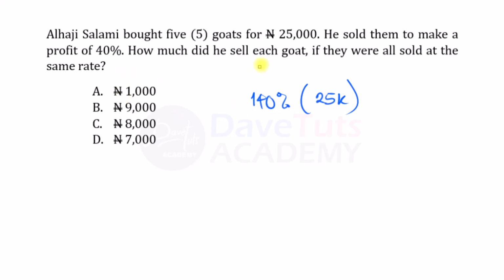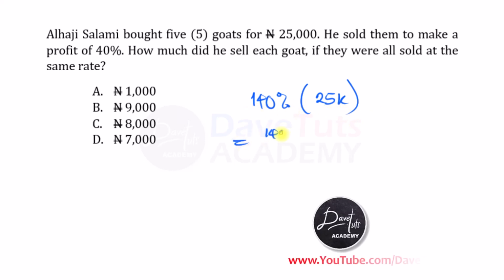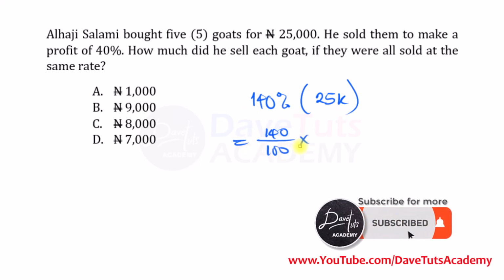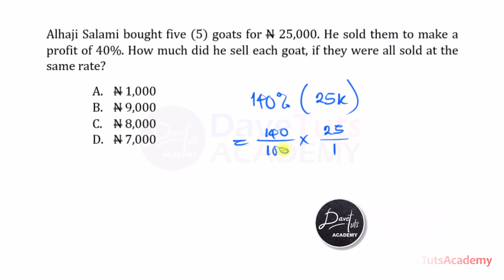But again, look at it, we are asking how much he sold each goat. So each means that whatever answer we get from here, we are going to actually divide by 5. So this is nothing but 140 over 100 multiplied by 25 over 1. 25 here 1, 25 here 4.